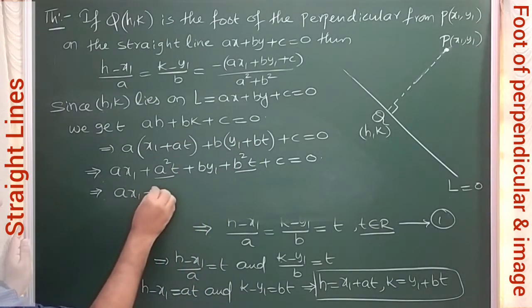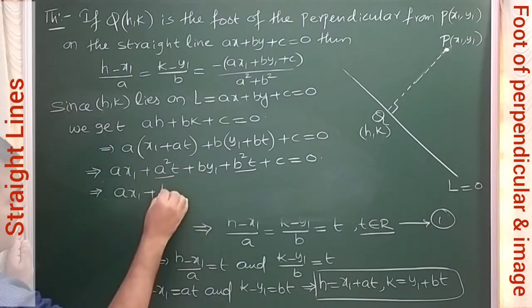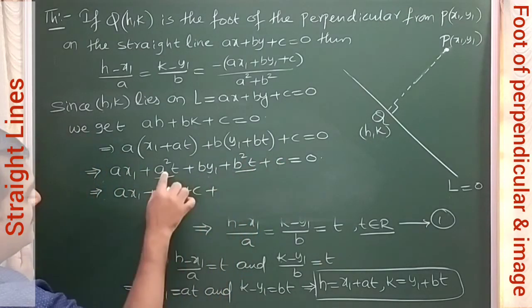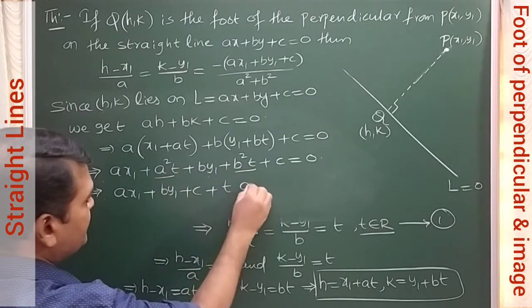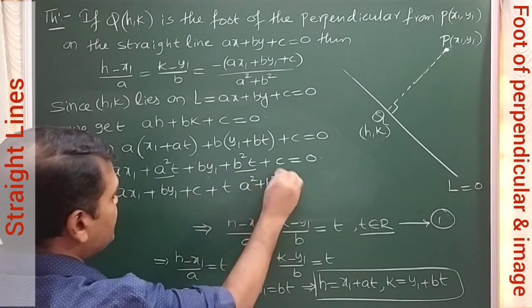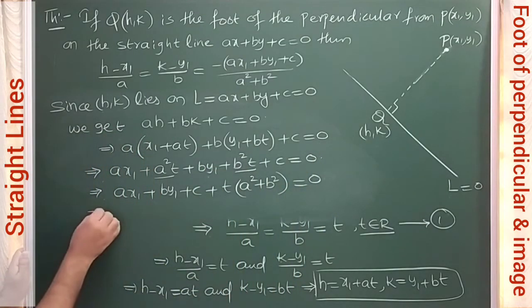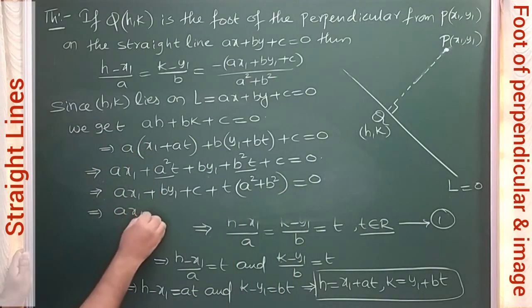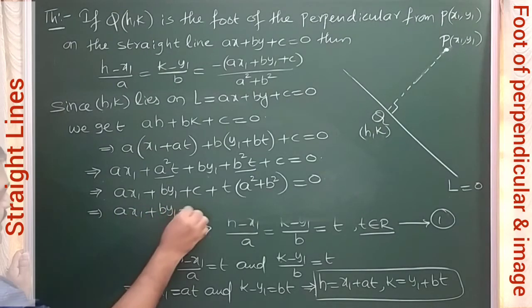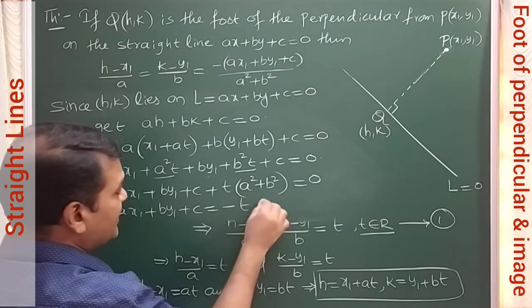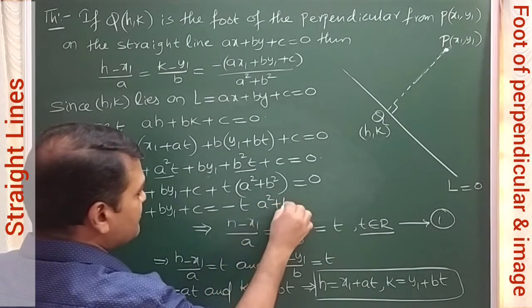So ax1 plus by1 plus c. Now in these two terms t common, so a square plus b square, is equal to 0. So I can write this as ax1 plus by1 plus c is equal to minus t into a square plus b square.